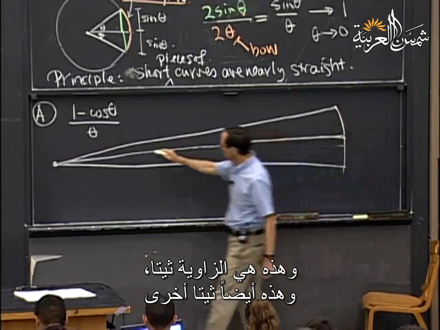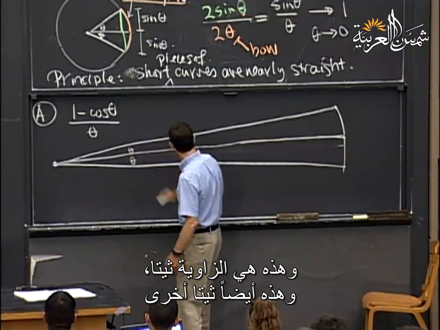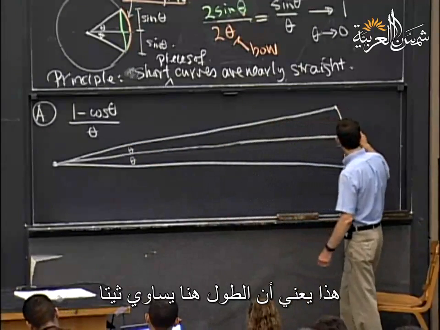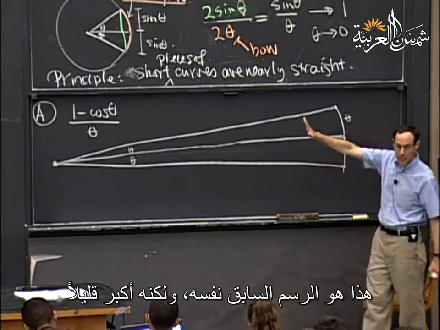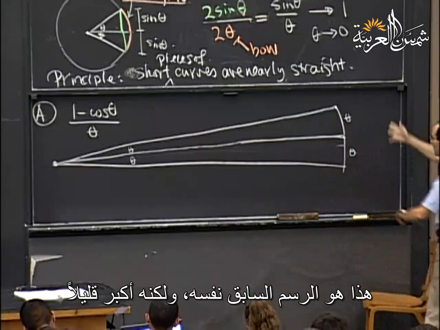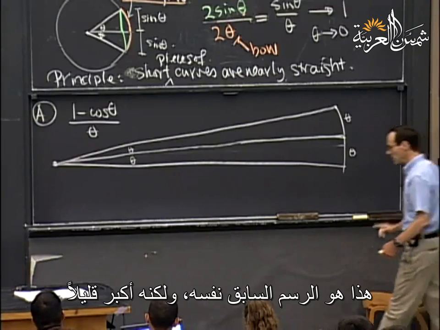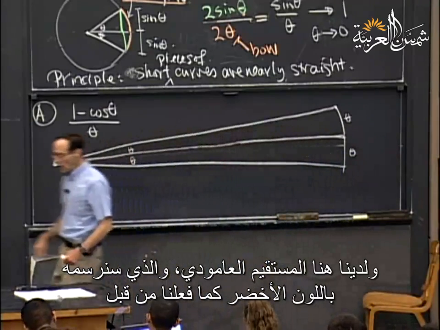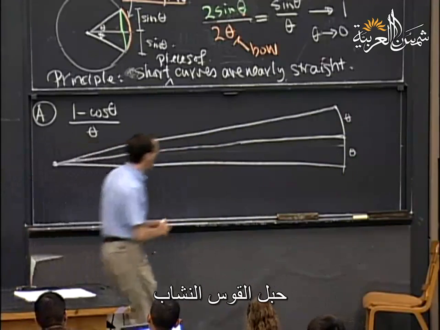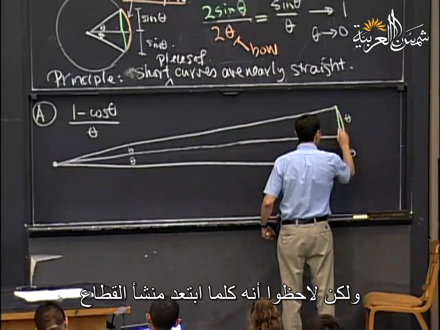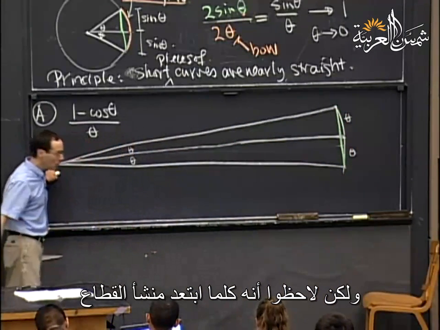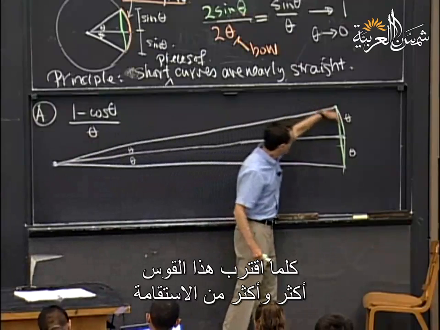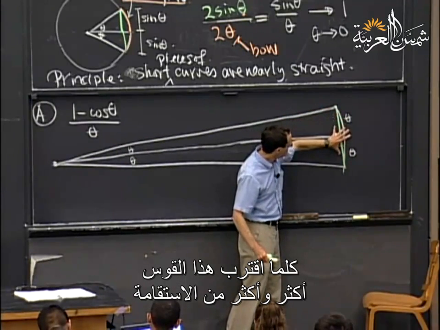Now, this angle is supposed to be theta, and this angle is another theta. So here we have a length, which is, again, theta, and another length, which is theta over here. That's the same as in the other picture, except we've exaggerated it here. And now we have this vertical line, which, again, I'm going to draw in green, the bowstring. But notice that as the vertex gets farther and farther away, the curved line gets closer and closer to being a vertical line.